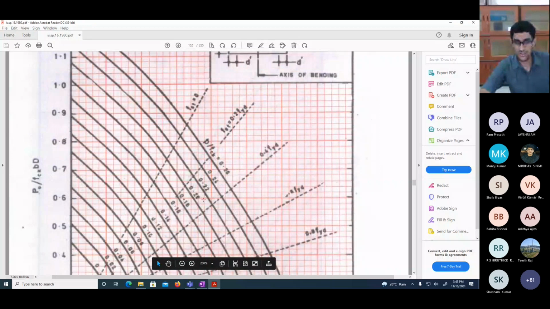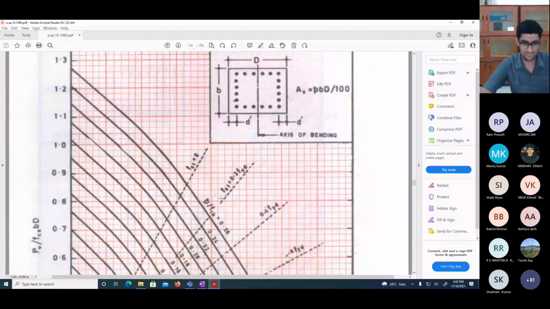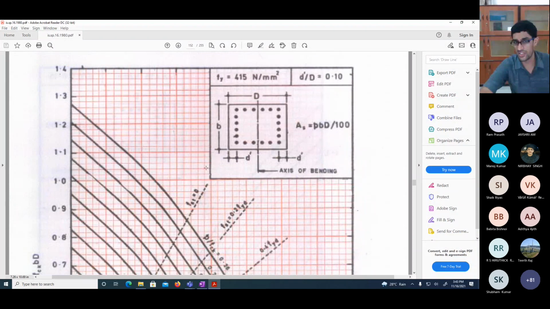Okay, so the choice is yours. You can use either this arrangement or what we did now in the problem. But among the two, what do you think is a better arrangement? Arranging equally on four sides, or arranging on the side with only two sides of reinforcement?